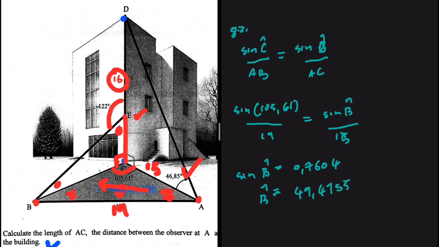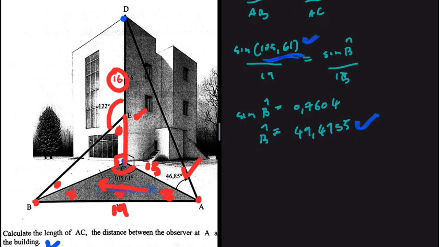So this is the size of angle B. This is the size of angle C. So we should be able to find the size of angle A. So angle A is going to be 180 minus 105.61 minus 49.4955.